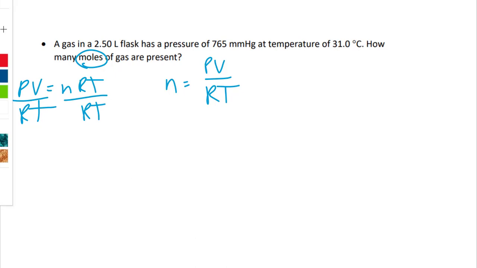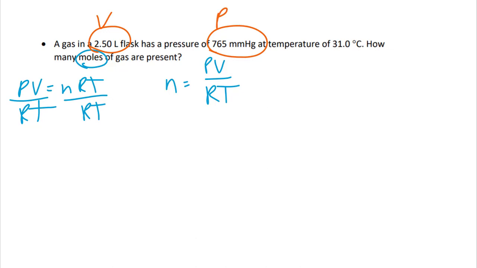I should have everything right here. I'm given liters, which is volume. I am given millimeters of mercury, which we know is a pressure, but I need to switch that into atmospheres, remember, because of my R. And I'm given Celsius temperature, and I need to convert that into Kelvin.